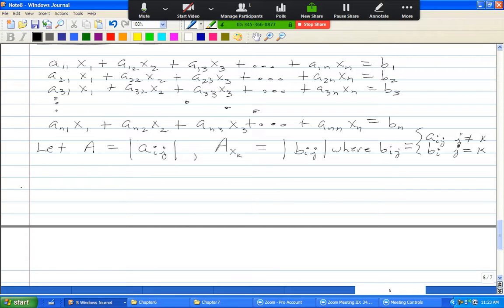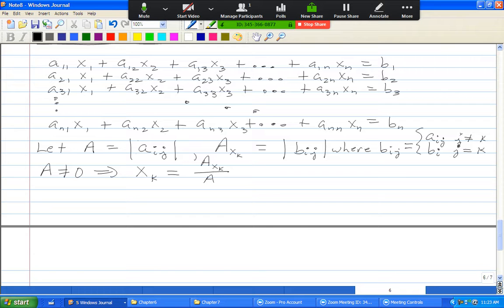Okay, so then if the determinant of A is not 0, then that implies that x sub k is just equal to the determinant of A sub x_k over the determinant of A. So if your coefficient matrix is non-singular, then you can solve your system of linear equations by just using this formula.